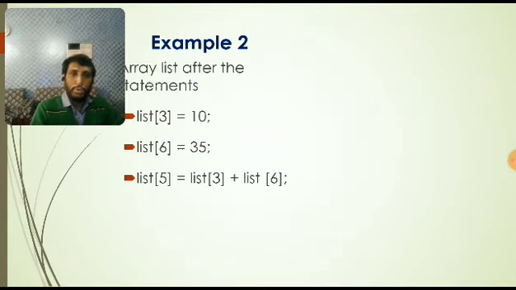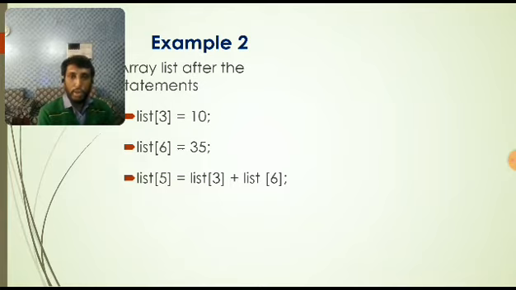Now example 2. Let's look at an array list after the statements. If we are putting list[3], this list is the name of the array, and 3 is the index number, element number 3.